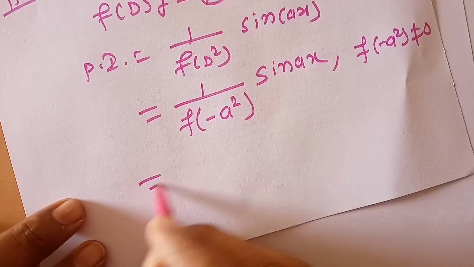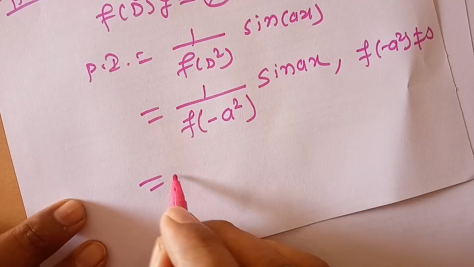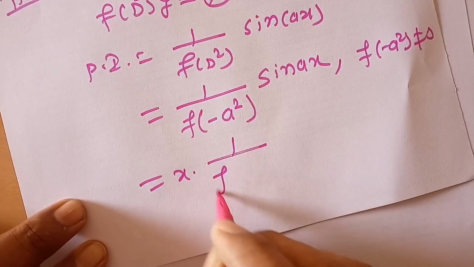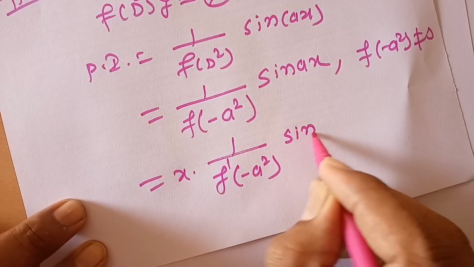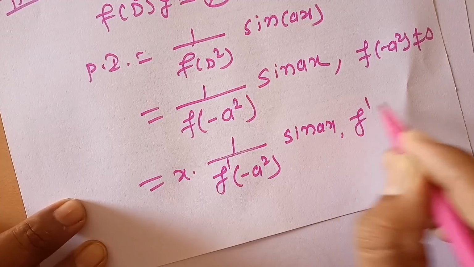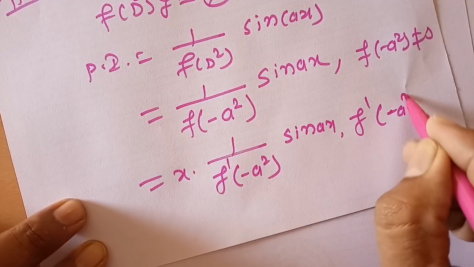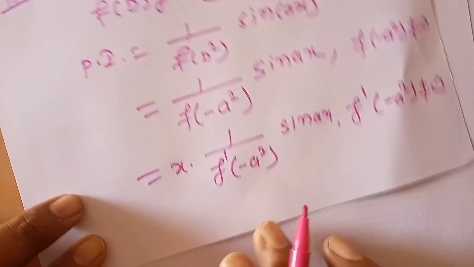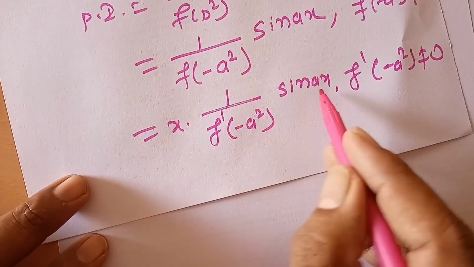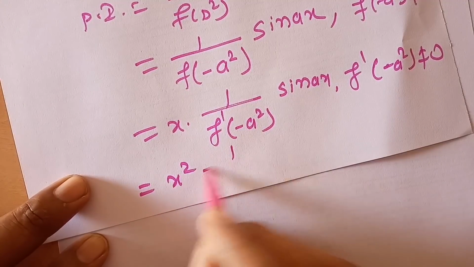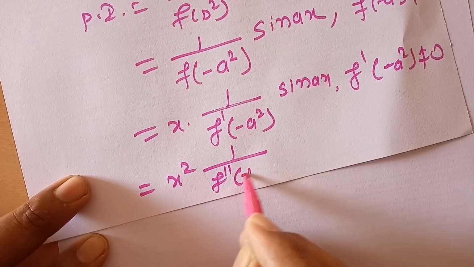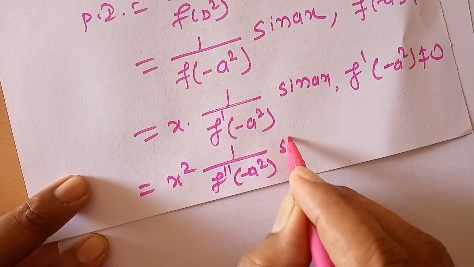If this denominator is 0, then again we can write 1 upon its derivative at minus a squared, into sine of ax, and again we check this should not be equal to 0. Suppose again f dash of minus a squared is 0, then we can write x squared into 1 upon f double dash of minus a squared into sine of ax.